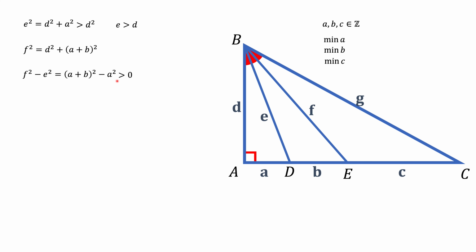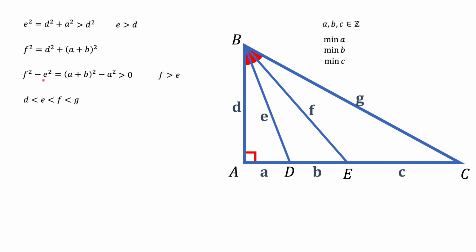So the right-hand side is greater than 0. But that means that the left-hand side is also greater than 0, and f squared is greater than e squared. And since both f and e are positive, it means that f is greater than e. In a similar fashion, you can show that g is greater than f. And here we're going to have that relationship we were looking for.